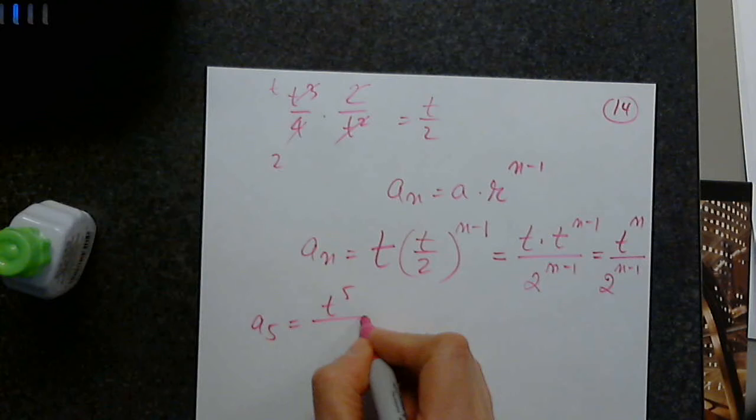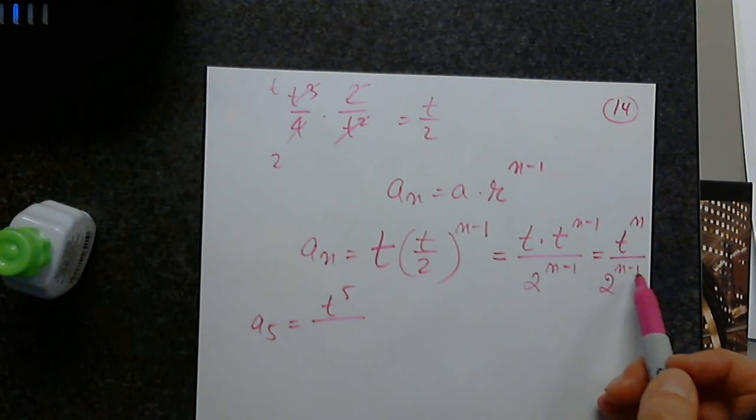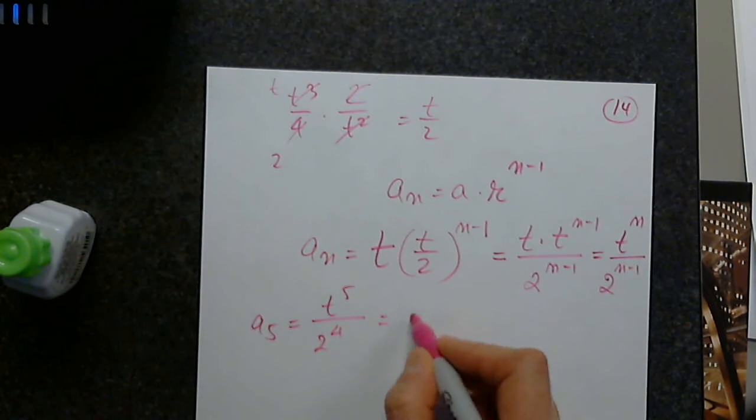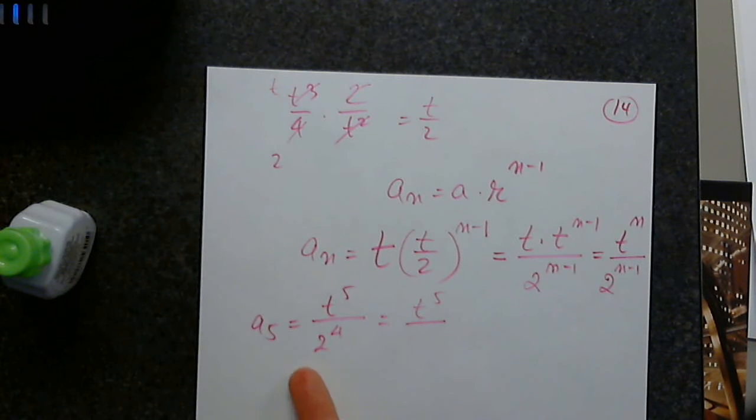T to the 5th divided by 5 minus 1 is 4, 2 to the 4th power, or I can write it as t to the 5th divided by 16. Any questions?